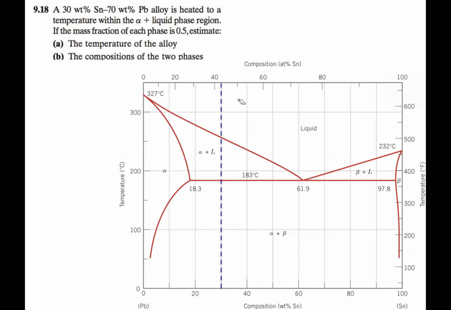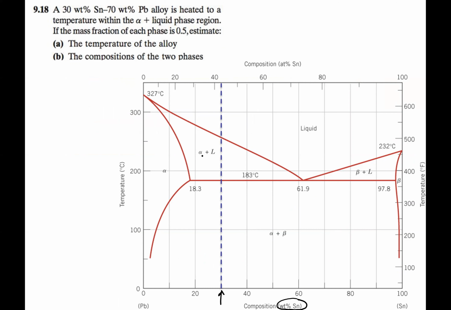All right. So let's look at another type of problem that's related. And this one says that you've got a 30 weight percent tin. So again, we check. This is tin down here. So 30 is where we want to be. It says we're heated into the alpha plus liquid phase region.